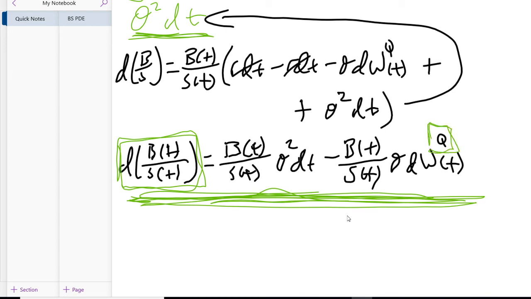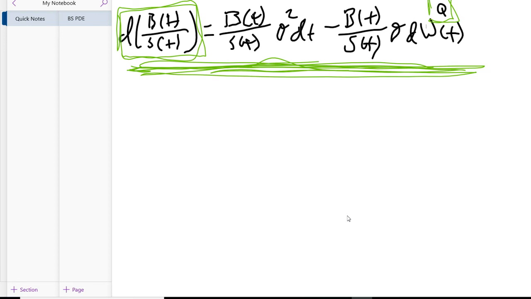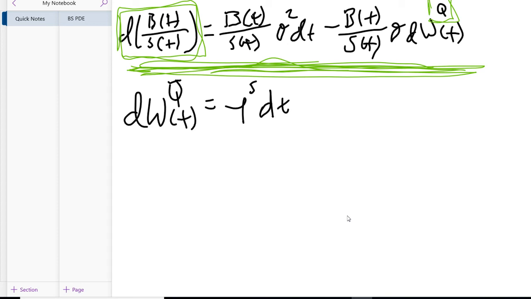Now remember, our goal here is to change from Q to QS. Now Girsanov works just like it did before. We'll just change the notation a little bit. So Girsanov will tell us here that a Q Wiener increment can be written again as some process phi, I'm going to superscript it with S because we're changing to the measure QS here, dt, plus dW, and I'm going to say QS.